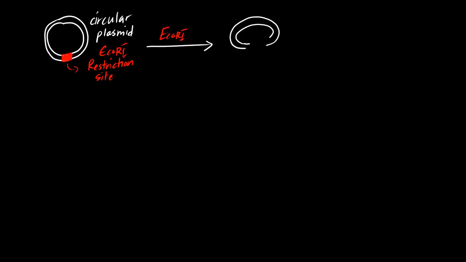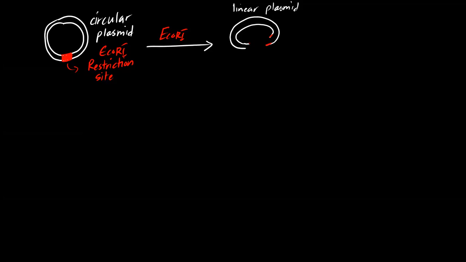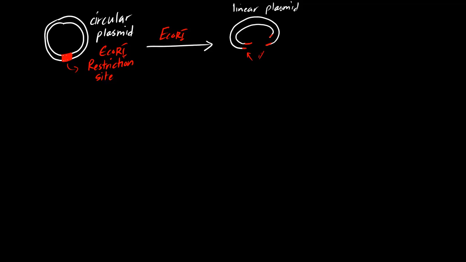Okay, so this is a linear plasmid, and here we have the sticky ends that are generated by cutting this plasmid. These are what we call the sticky ends.